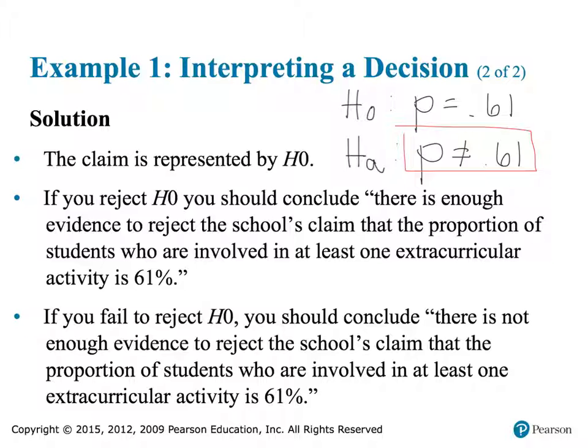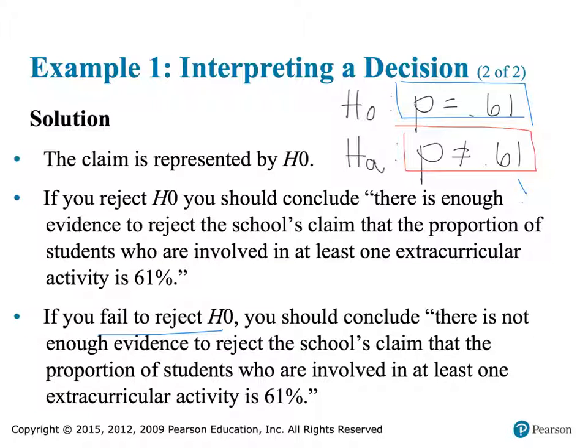On the other hand, if we fail to reject the Ho, that means we don't have evidence to say it isn't true. So therefore, we believe we have evidence to say that it is true. So we could say there is not enough evidence to reject the school's claim, because remember the claim in this case was that the proportion of students involved in at least one extracurricular activity was 61% or 0.61.